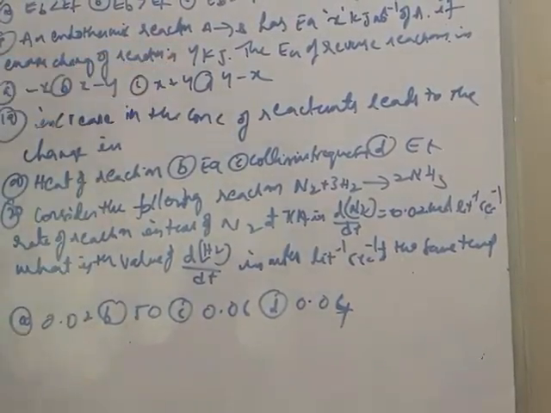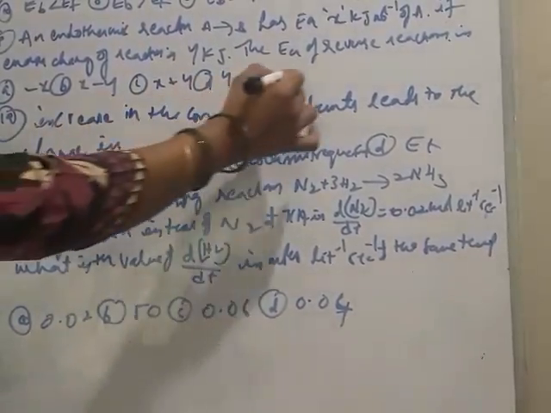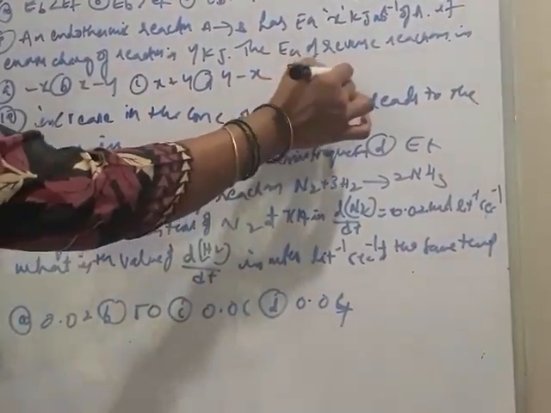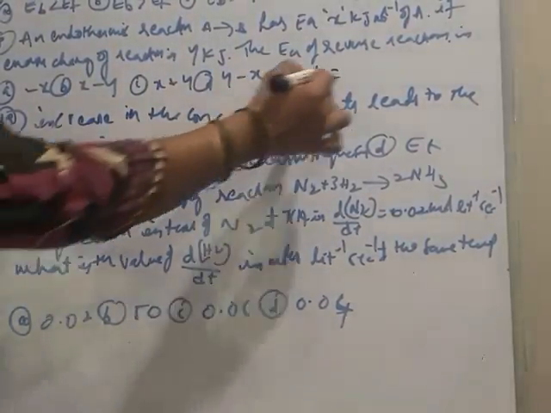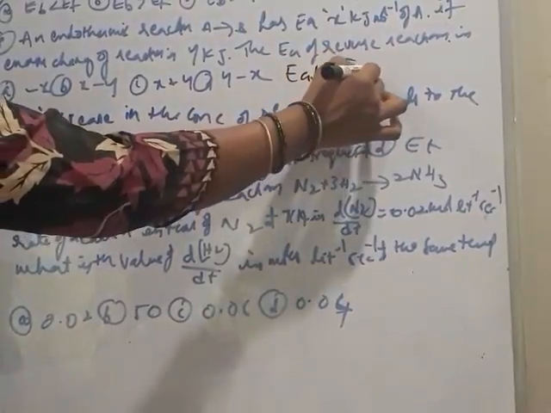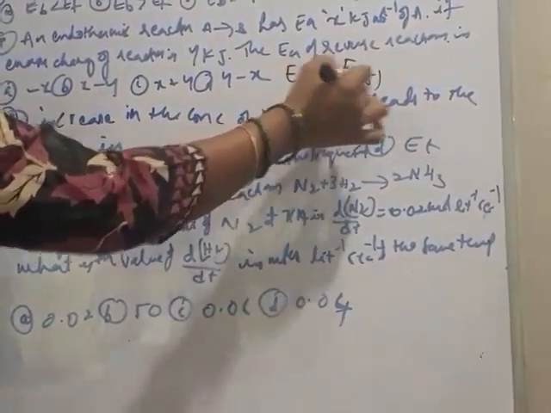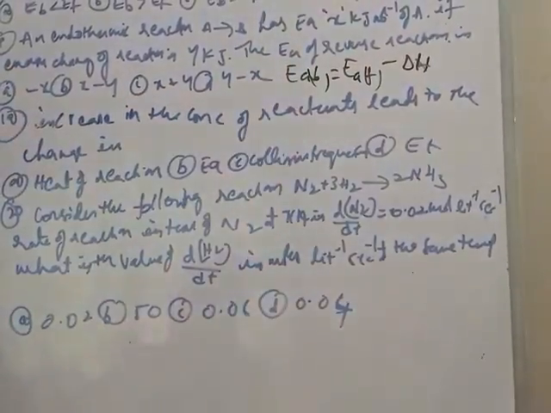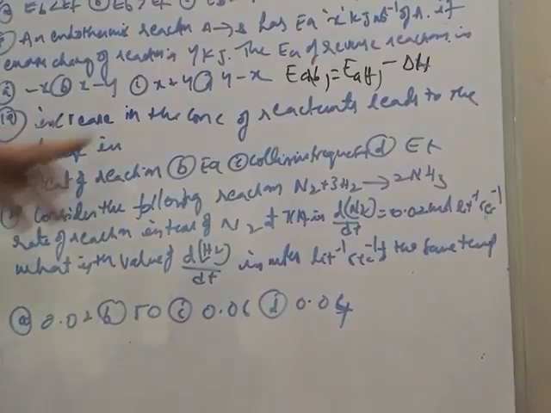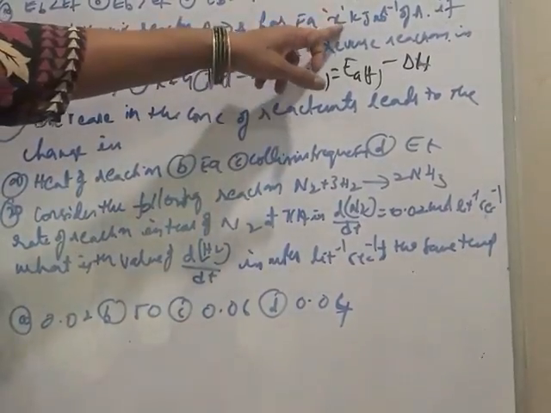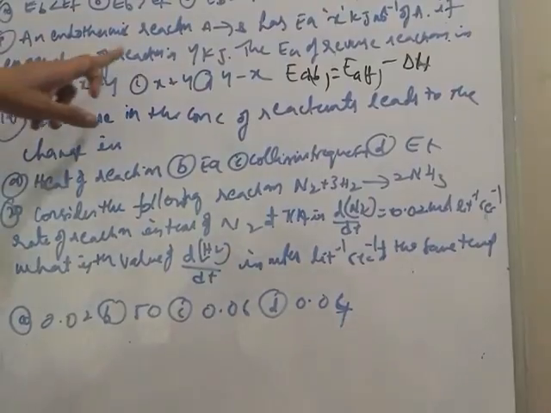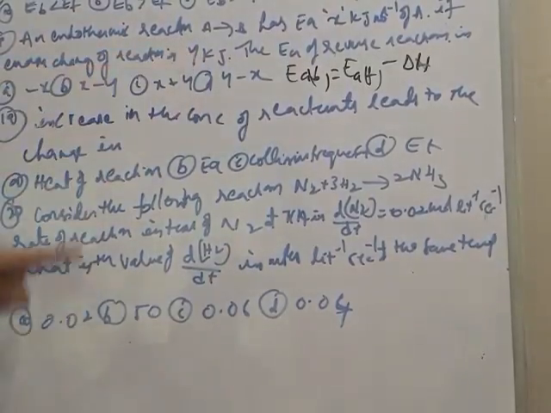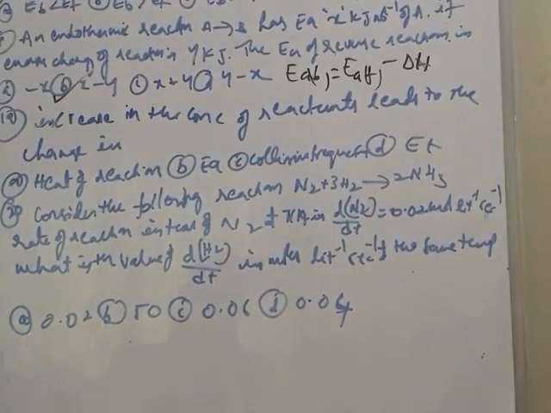It is Y. Then activation energy of reverse reaction, activation energy of backward reaction, is equal to activation energy of forward reaction minus enthalpy change. Okay. So what is the activation energy of forward reaction? X. And the enthalpy change is given as Y. So this is equal to X minus Y. Okay.